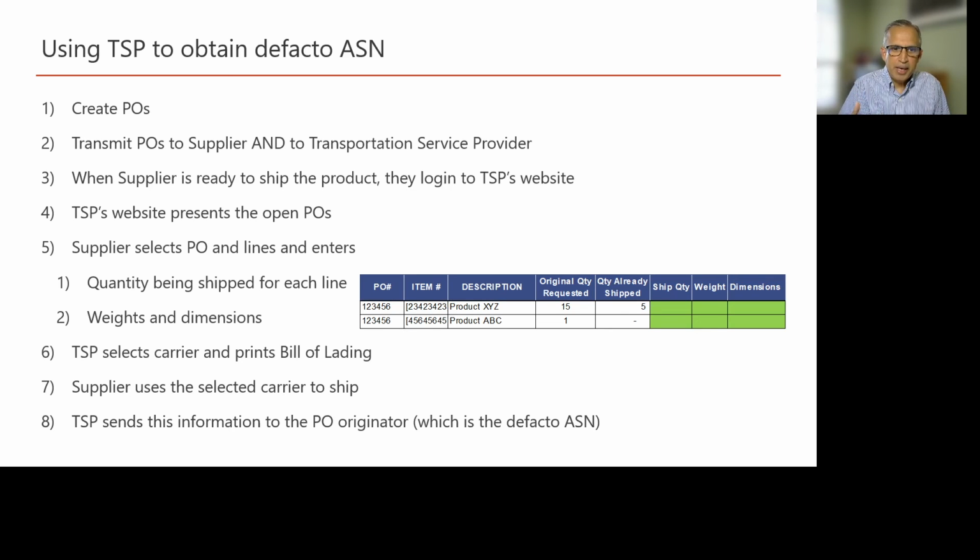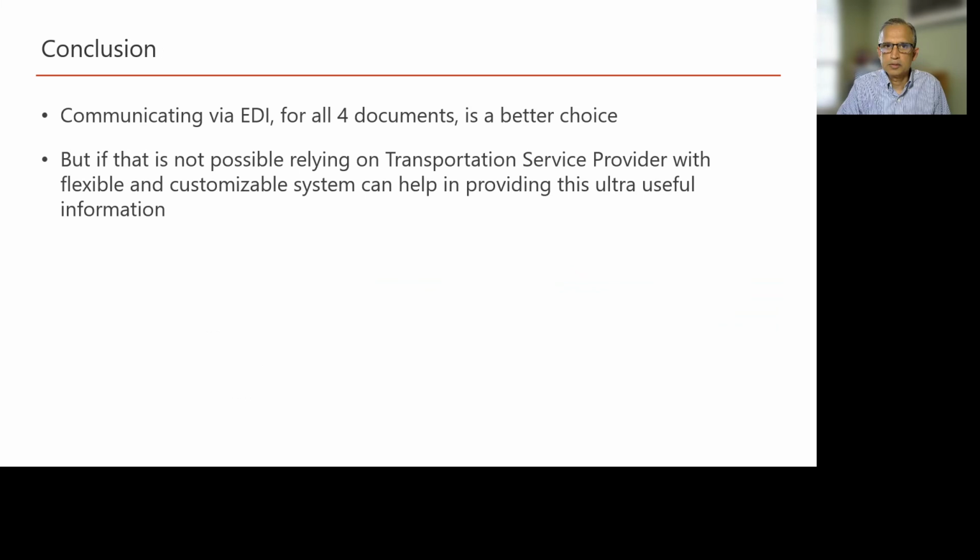Now, the TSP sends the information entered by the supplier to the customer, which is the de facto ASN, since it informs the customer in advance about what products are being shipped, how many of each product is being shipped, and when it is being shipped.